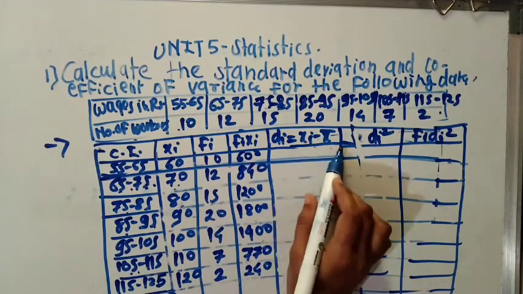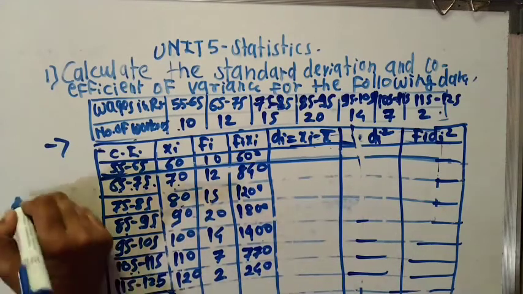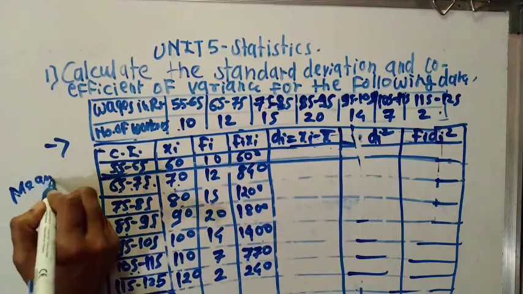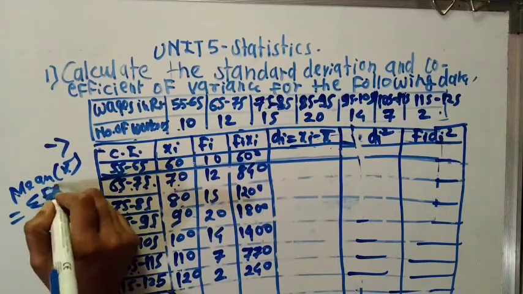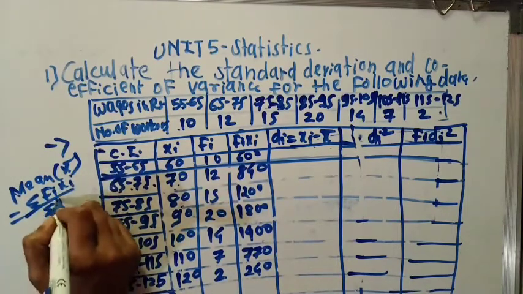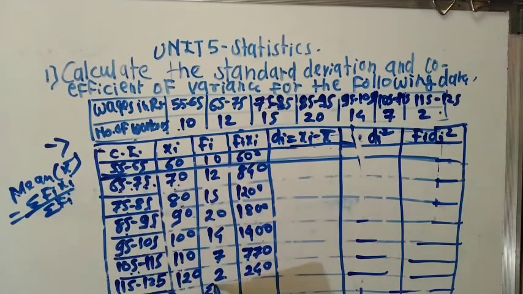Then di is the xi minus x bar. Hence first we find out mean x bar is equal to summation of fi xi upon summation of fi. Here summation of fi is equal to 80, and summation of fi into xi is equal to 6850.